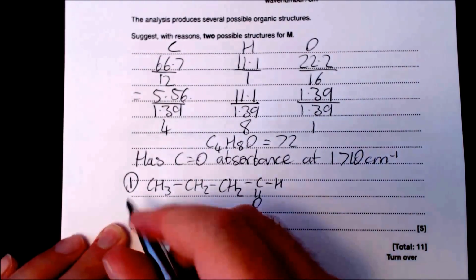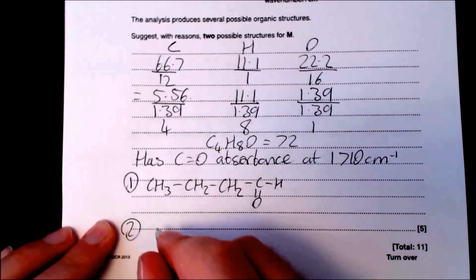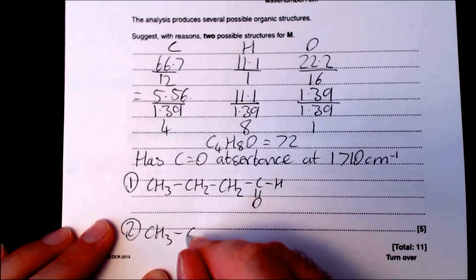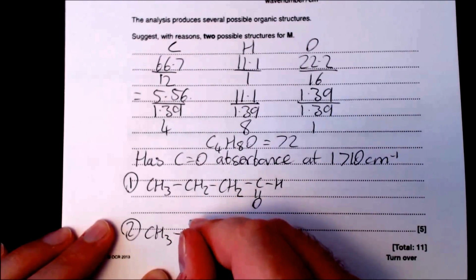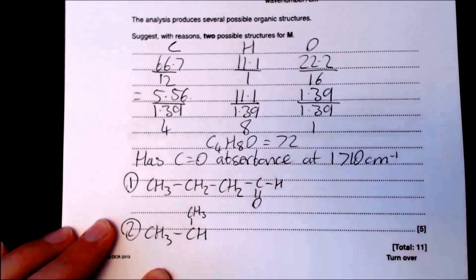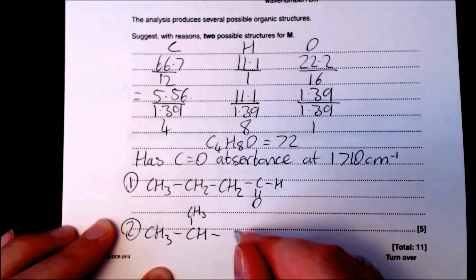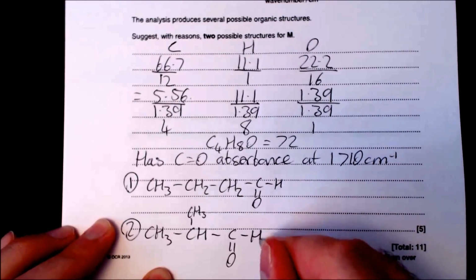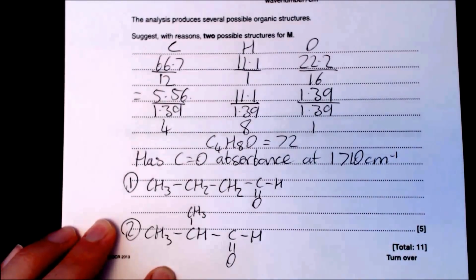So there's one. You could have this structure, which is going to be CH3, CH3 on the top there, C double bond O coming down at the bottom there, and then your hydrogen. So you can see this is a branched version of that one.